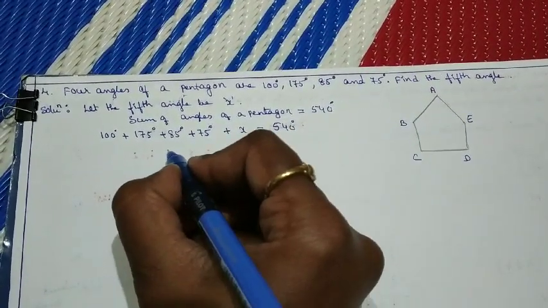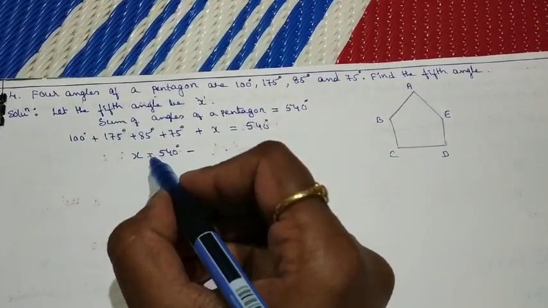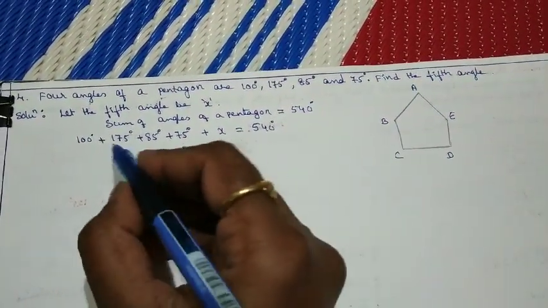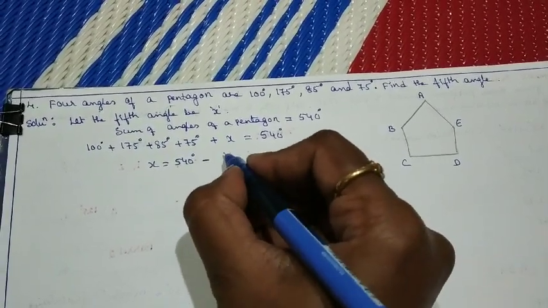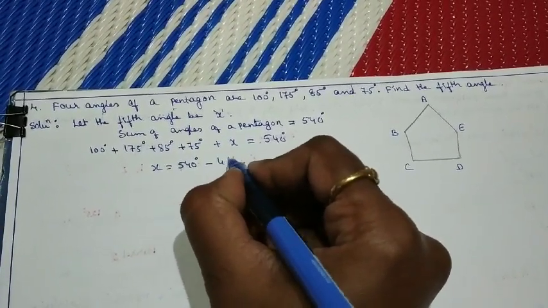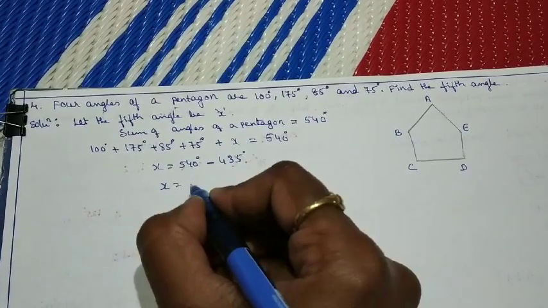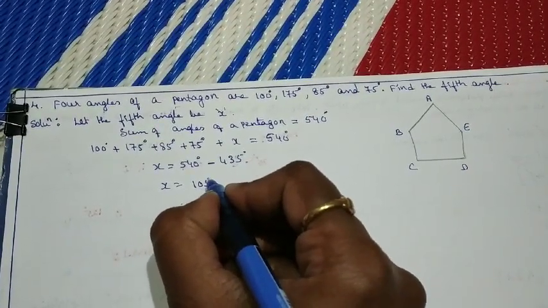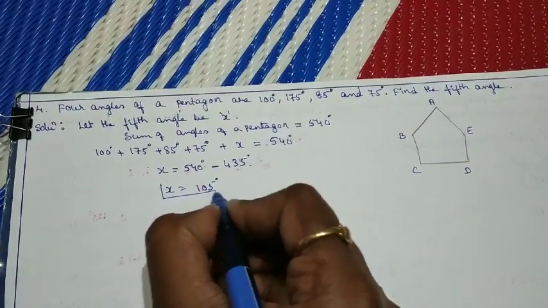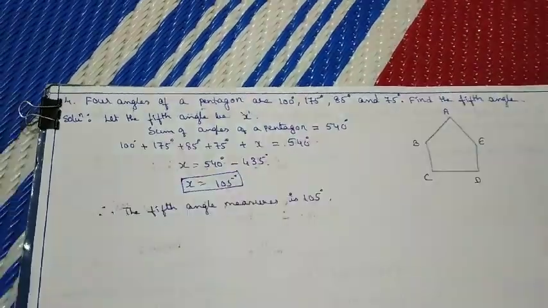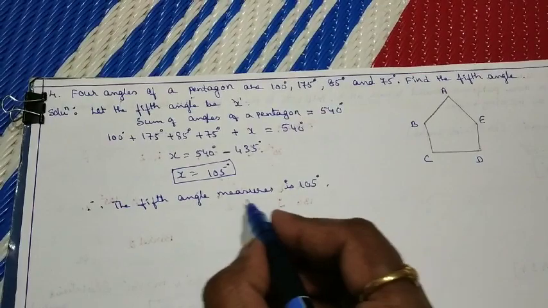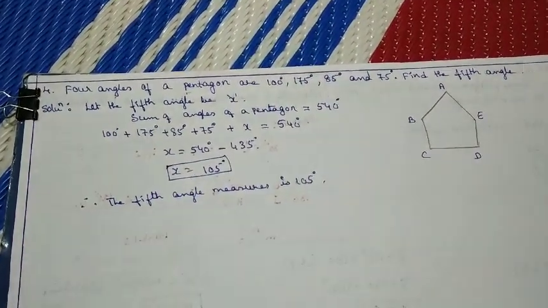Then add up and find the value of X. X equals 540 minus the sum of all these angles, which is 435. Then X equals 540 minus 435, which is 105 degree. Therefore, the fifth angle measure is 105 degree.